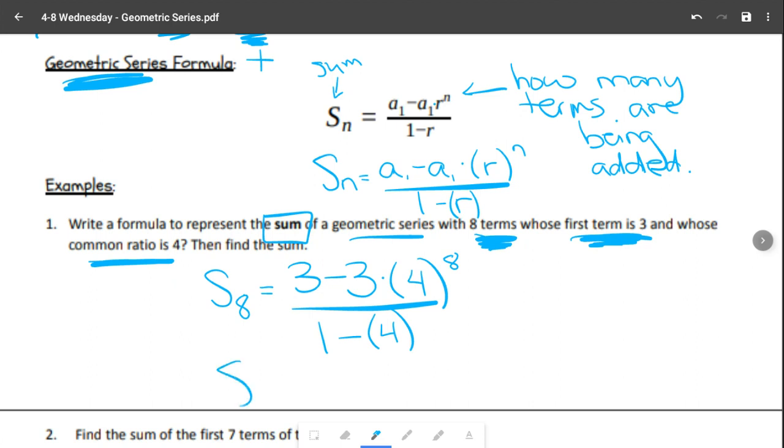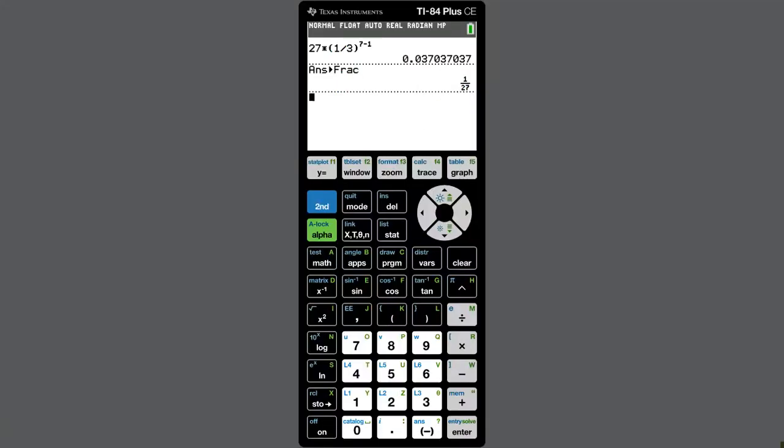Now you're going to want to plug this whole thing into your calculator. I highly suggest you use the TI-84. This app that I'm using, I posted it in Google Classroom under the topic Distance Learning. You can download it to your Chromebooks. It only can be downloaded to the Chromebook.